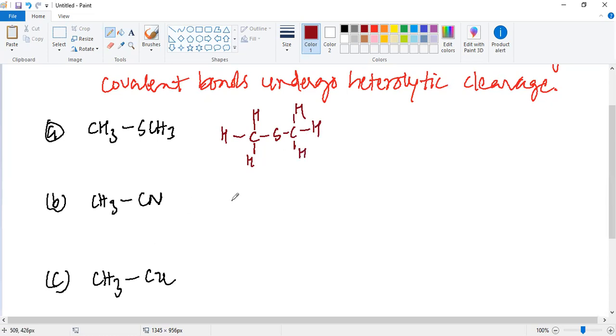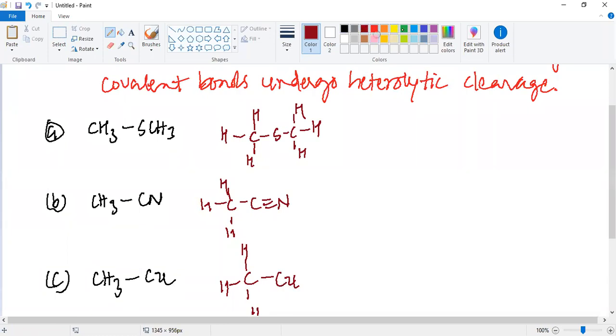Here you can see that this CH3 is bonded to C triple bond N, and this CH3 is bonded to Cu, my dear students. Now we need to show the movement of the bonds.